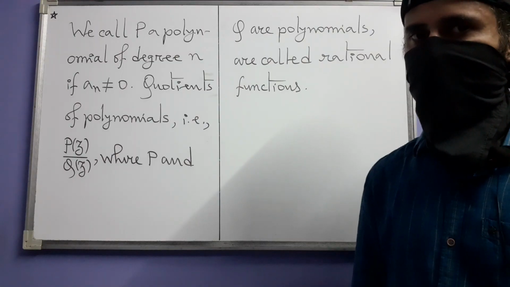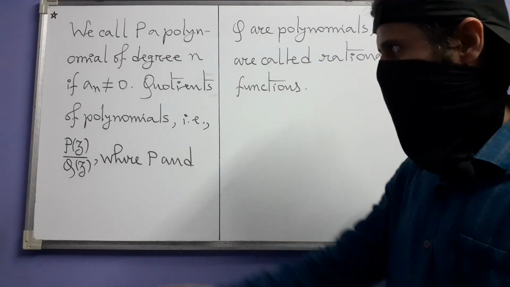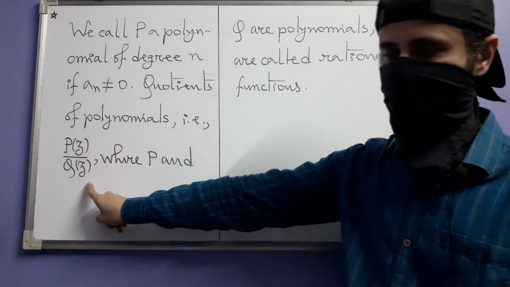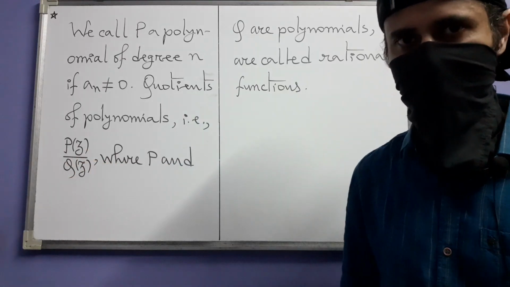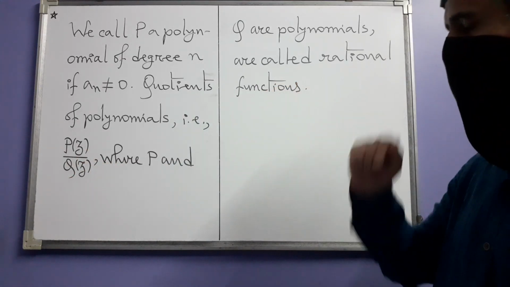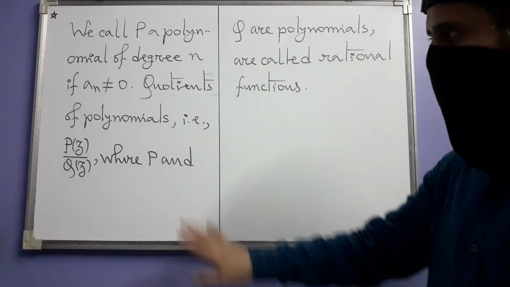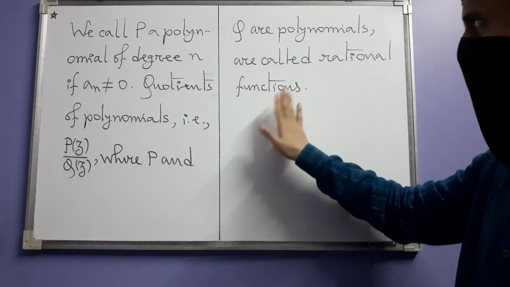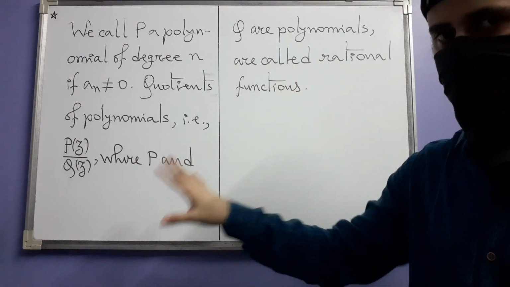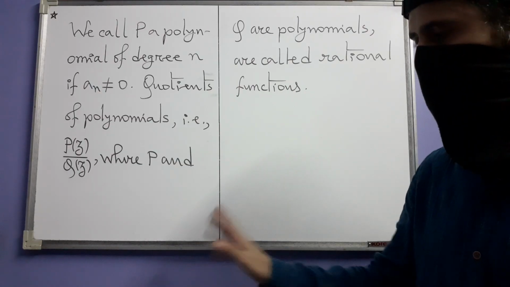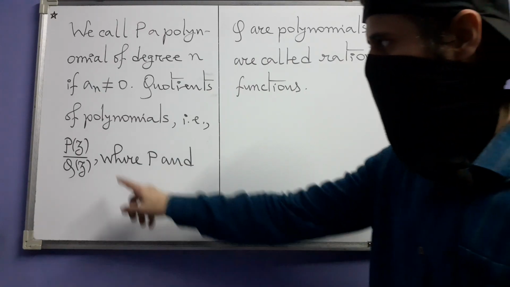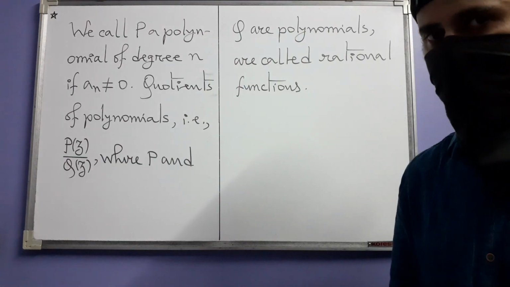Next, let us consider quotients of polynomials, that is, functions which look like this, p of z divided by q of z, where p and q are both polynomial functions. Then such functions are called rational functions. This is also a class of functions instead of a single function, because you can change these polynomial functions.